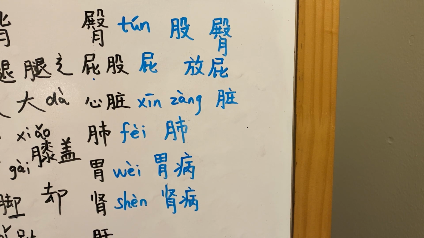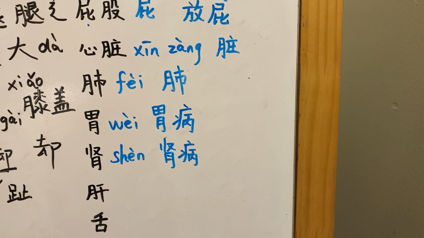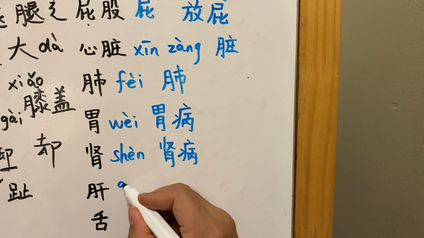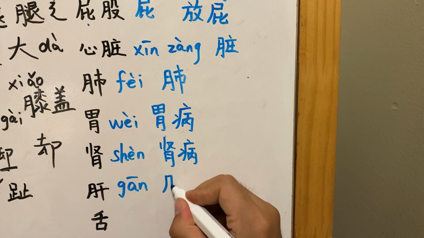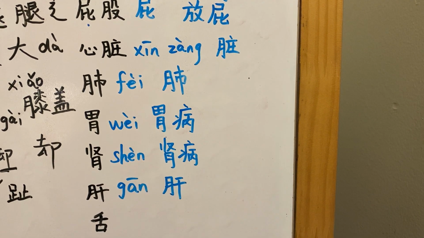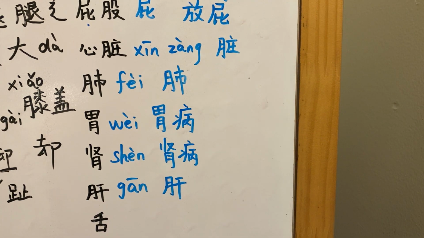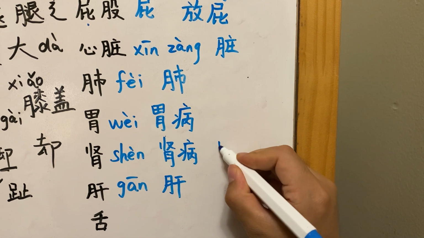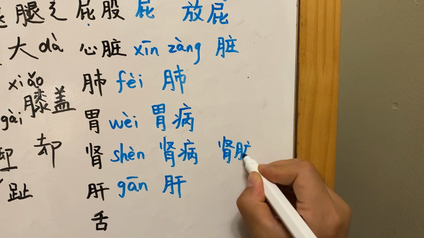And the next one, liver, your 肝. It's written like this, 肝. It's your liver. The interesting part is you can say 心脏, heart. And you can also say 肾脏, kidney.